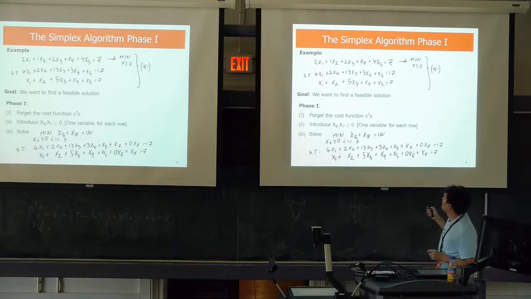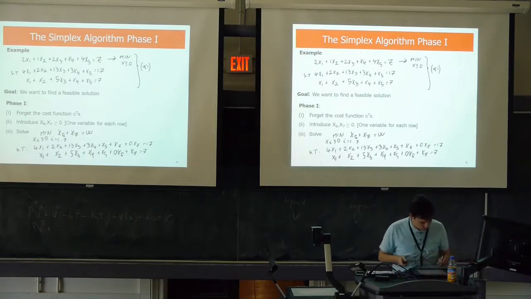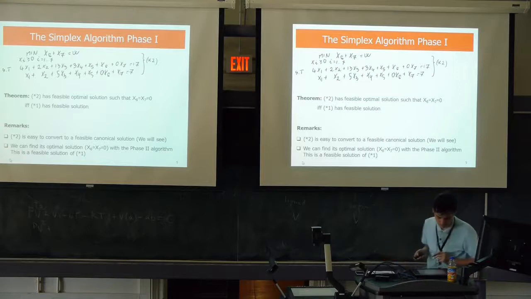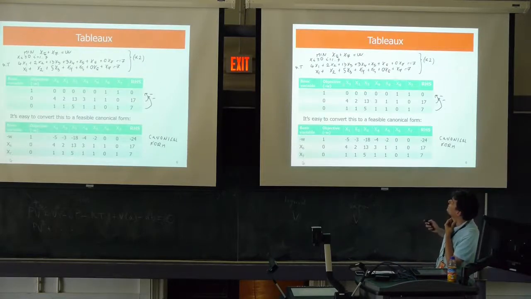And now this has a special form, and it's very easy to rewrite this in a canonical form. Okay, so you can see that here. So that's what I did. I just rewrote this system in a so-called tableau form.